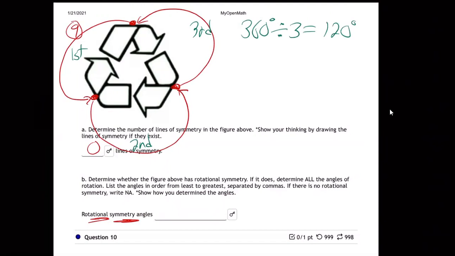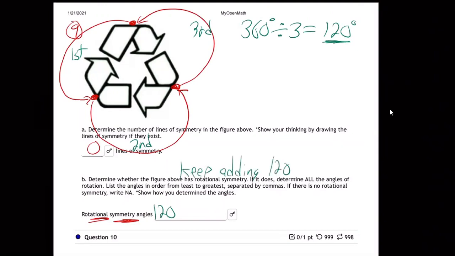I just took all the way around, which is 360, and divided it into 3 parts. So if you rotate it 120 degrees, which is 1/3 of all the way around, it'll fit right back onto itself. Then remember what you do: you just keep adding that same amount.